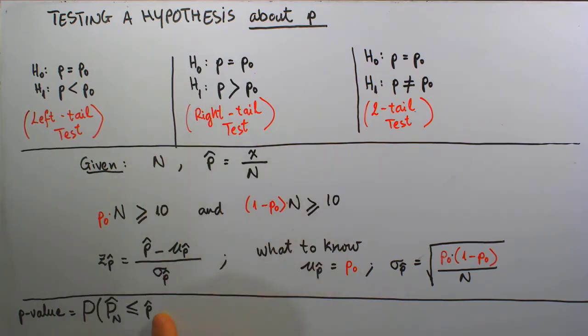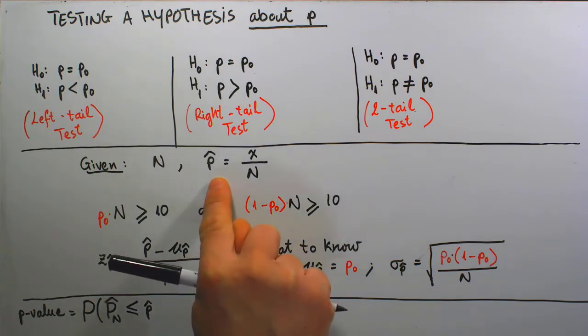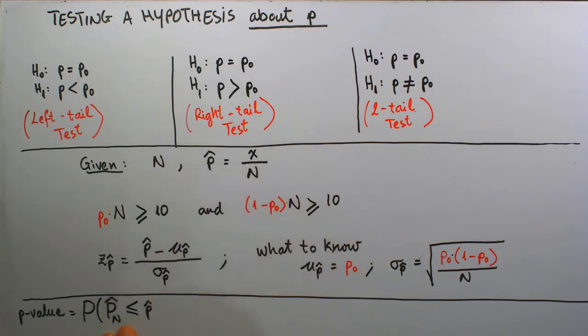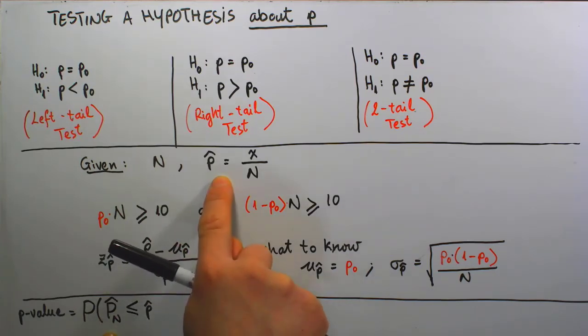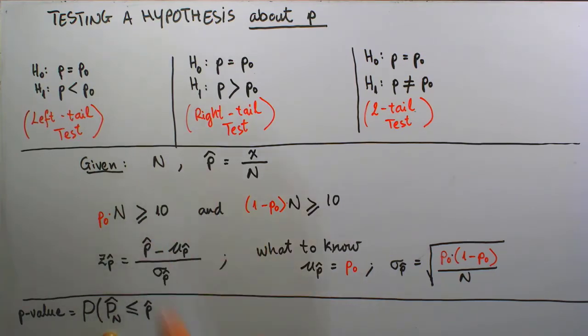This is a lowercase p-hat that came out from our sample. And this is just a general random variable that represents all sample proportions at the same sample size, where our sample is one among the infinitely many others.